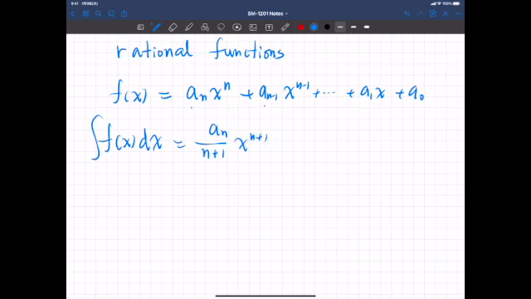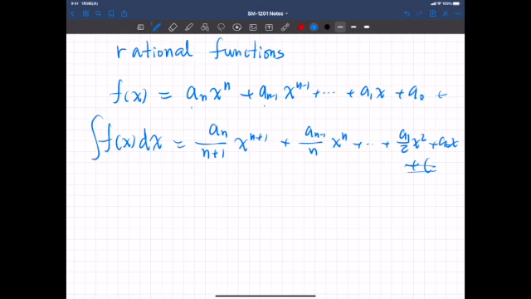So this is easy to verify because if we just differentiate this result, we get this polynomial function back: a_n x to the power of n plus 1 over n plus 1, and so on, a_1 x squared over 2, a_0 x plus constant. Okay, sometimes we just ignore this constant term because it's too obvious.